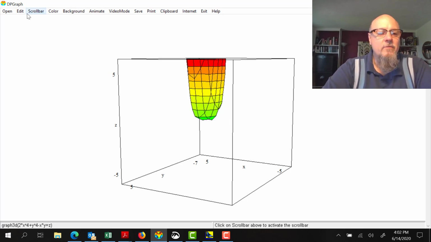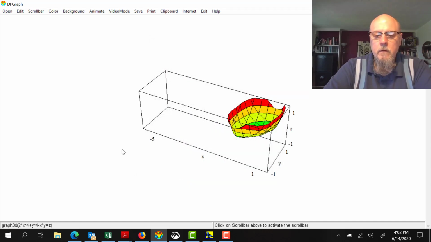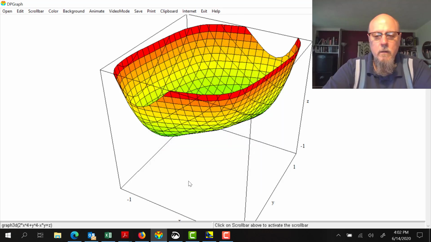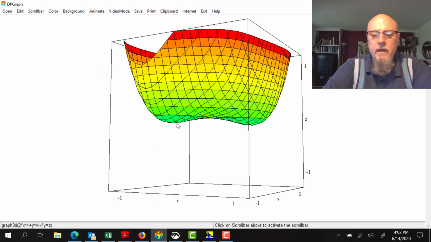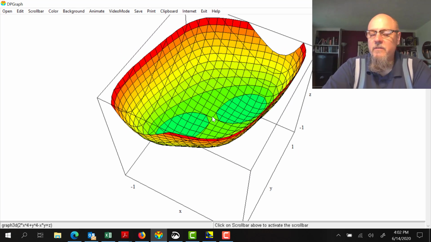We could zoom in to look at that a little bit closer. Oh, the x is too big here. Okay, it's subtle, but there they are. Those are the two minimums, and there's the saddle point at the origin.